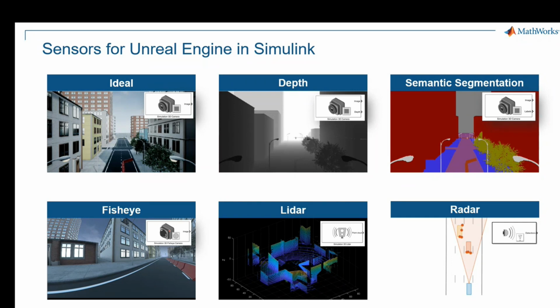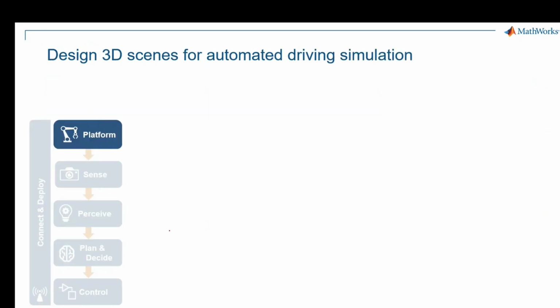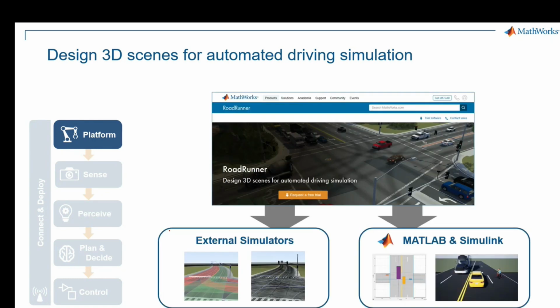So here I showed how to interact with a 3D world like Unreal. We also have a tool that lets us create our own 3D scenes, because we can use some of the 3D scenes that are already available with Unreal and Simulink. But when we are talking about simulation, sometimes we need to create our own scenes and specific variations that we want to test in our systems.